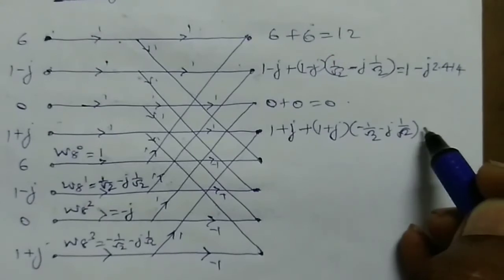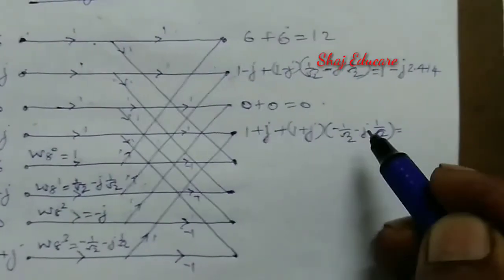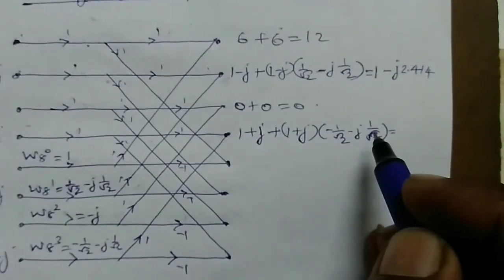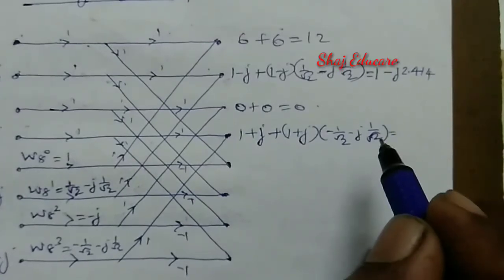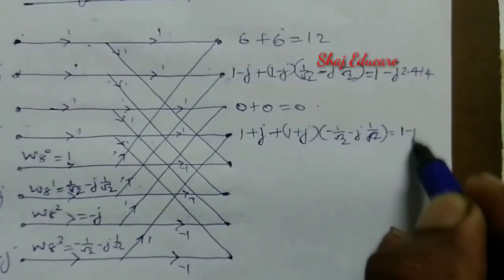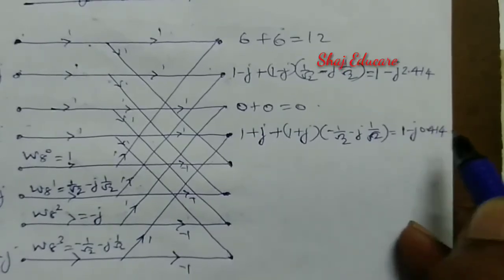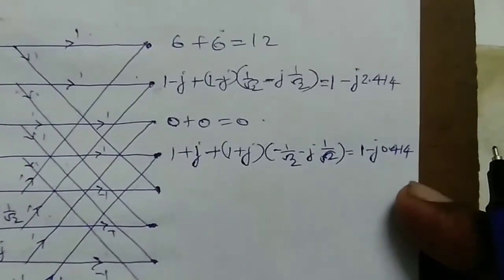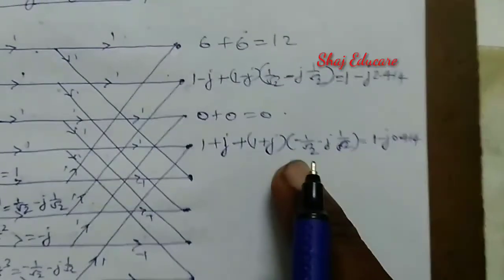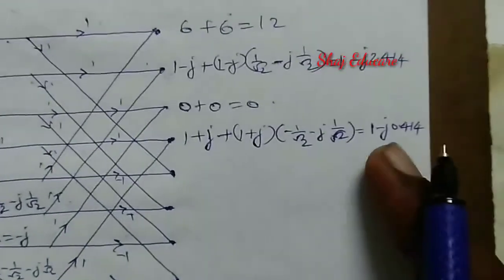Okay, again solve this equation by using your scientific calculator, and the result you will be getting is 1 minus j into 0.414. Just put it in your scientific calculator, then you will be getting this answer.